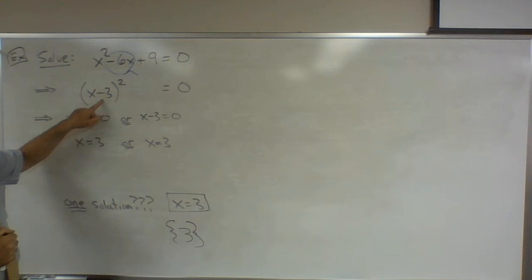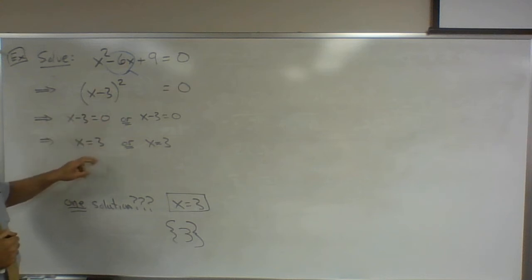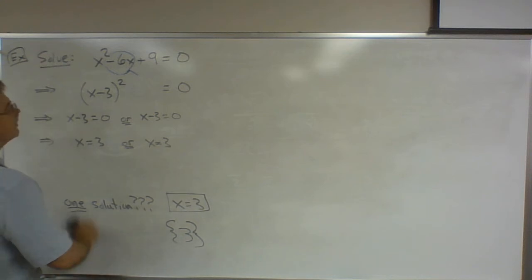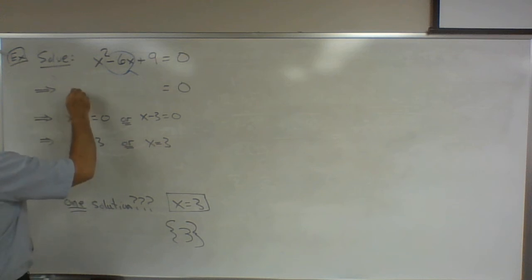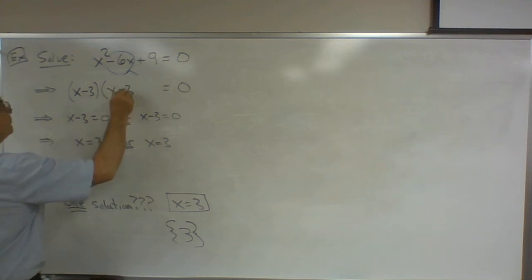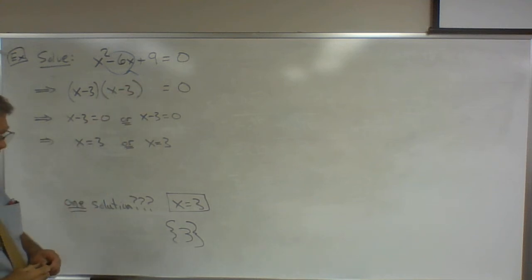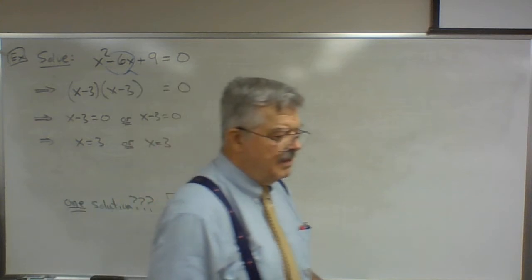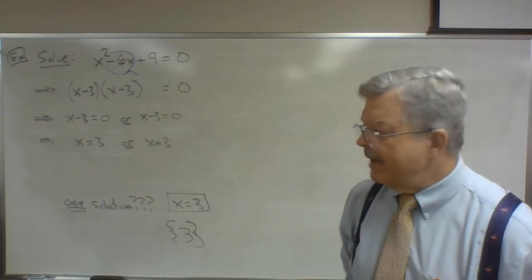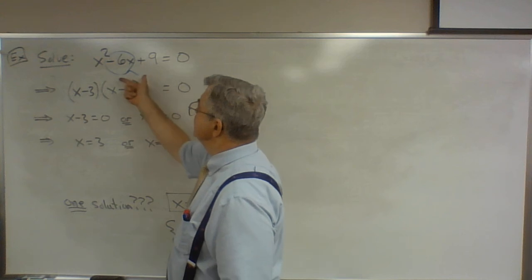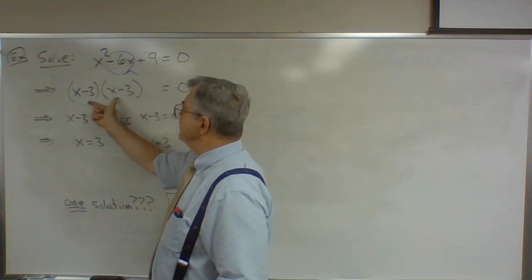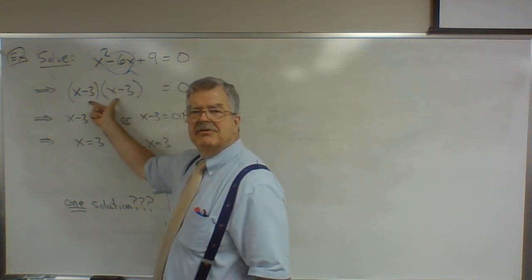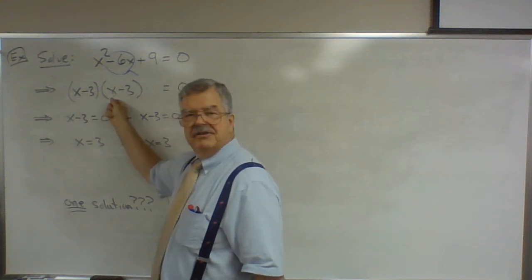And when we set this factor to 0, we just get one root. So it is possible to get exactly one root with a quadratic equation. Generally, we don't expect that to happen, but it can. And when that does happen, it happens because when we factor the quadratic equation into two factors, each factor is exactly the same.